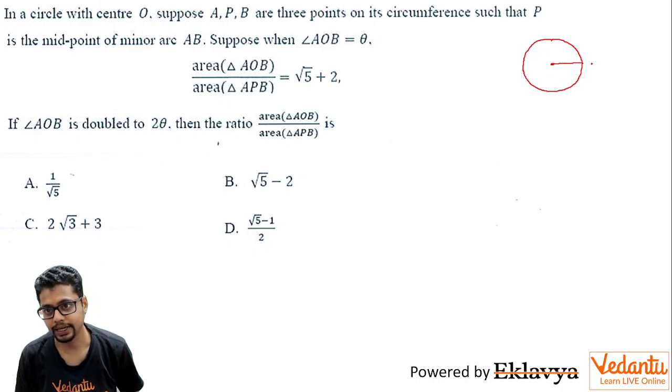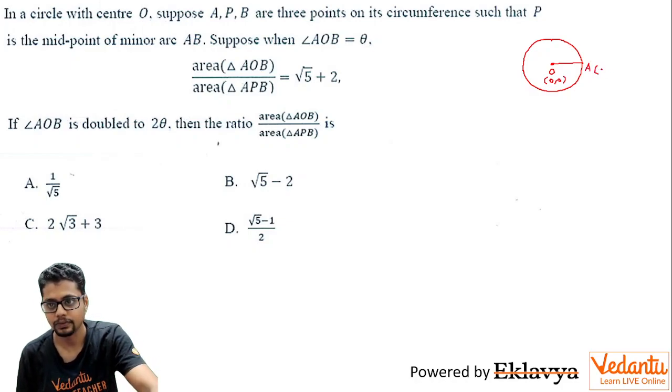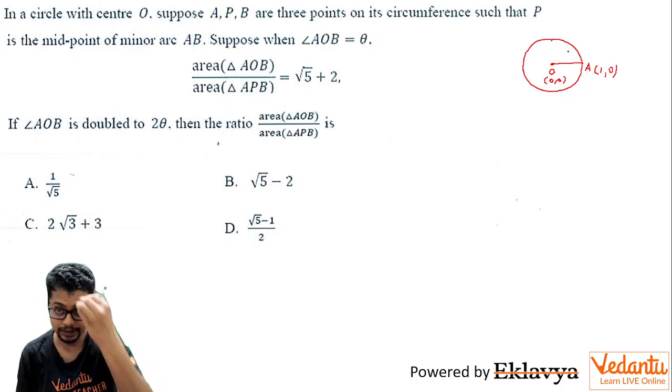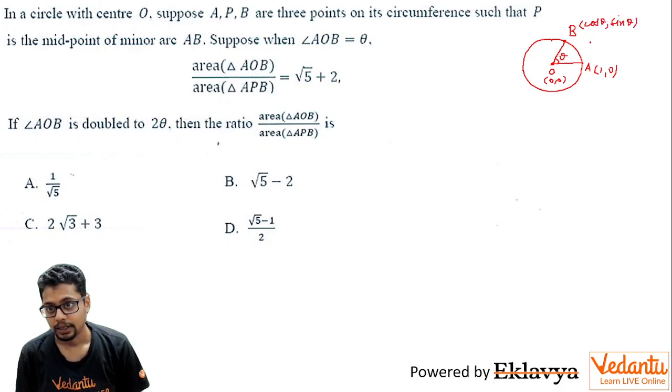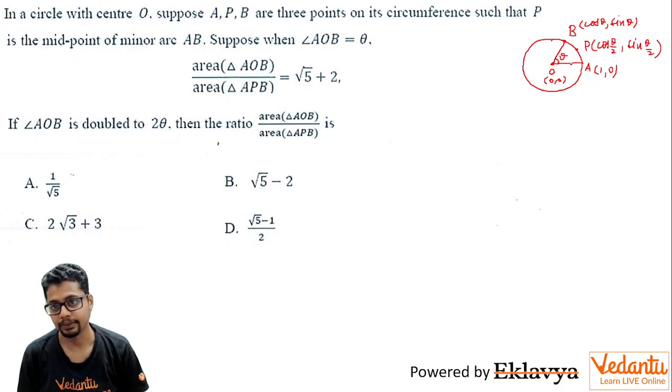Again, without loss of generality, let's say the point A is 1 comma 0, and let's say point B, which is at an angle theta, will have coordinates cos theta comma sin theta, and point P, which is the midpoint of this arc AB, will have coordinates cos theta by 2 comma sin theta by 2, because then angle AOP would be theta by 2.